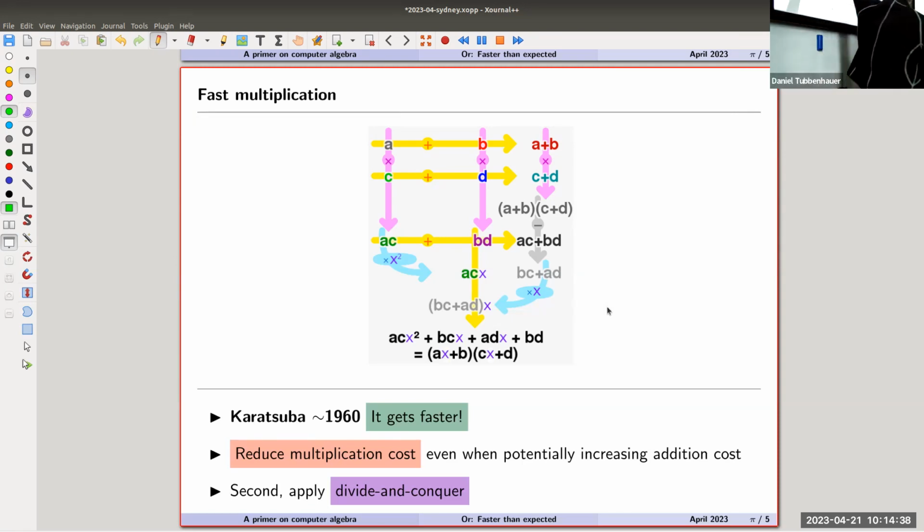So you multiply a and c, you multiply b and d. That's going down my picture. And you kind of need them anyway. But then in order to get the middle coefficients, you do something very strange.